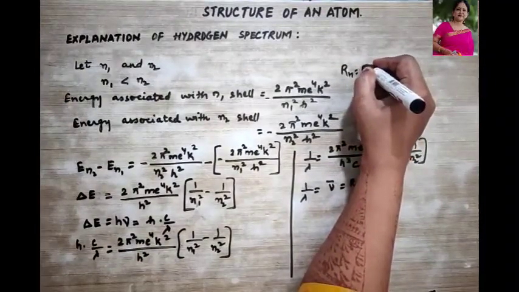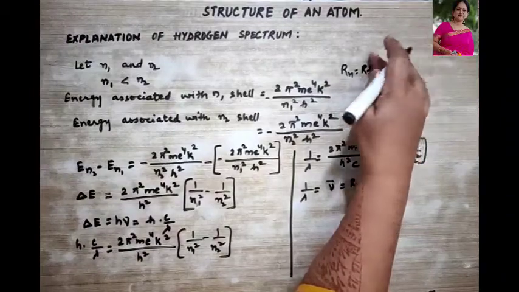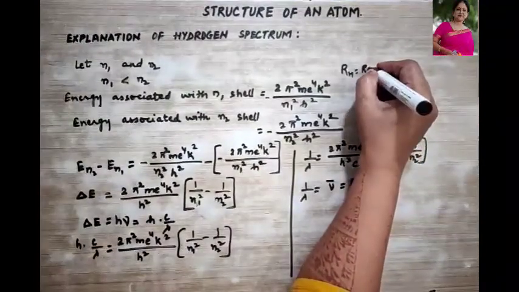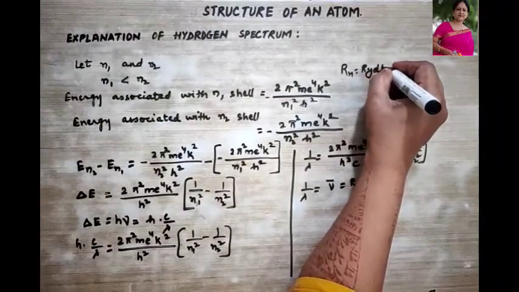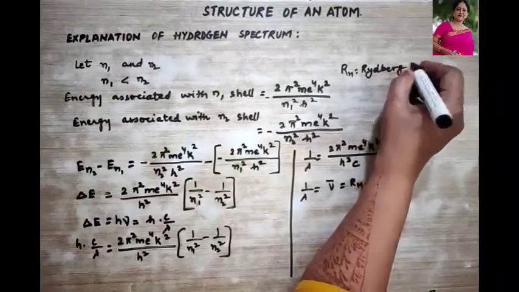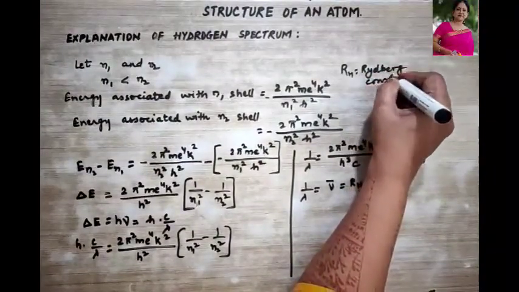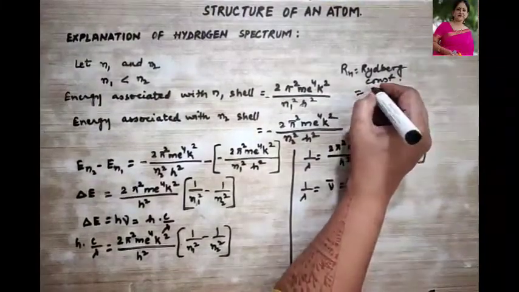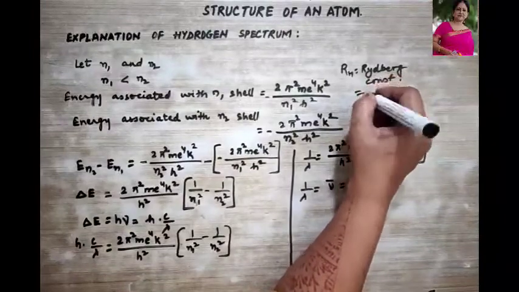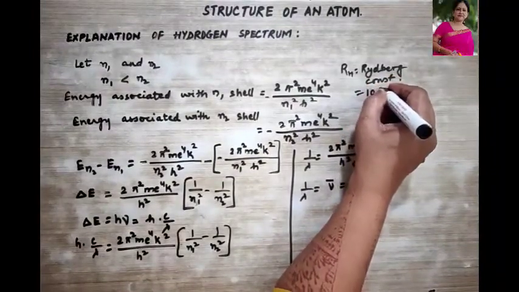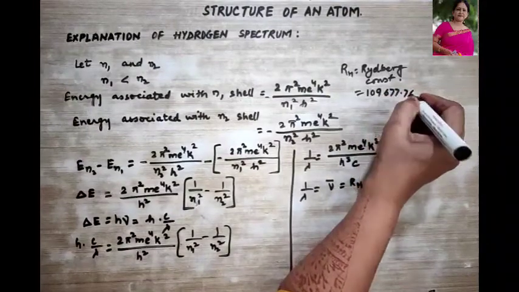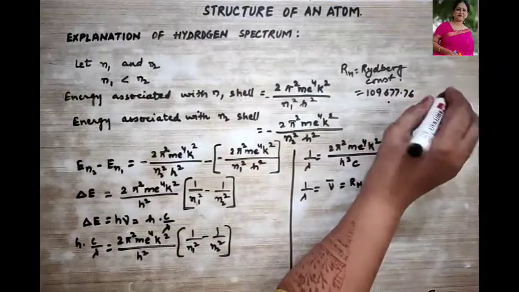RH means Rydberg constant for hydrogen, and its value is also given in the question, that is 109677.76 per centimeter.